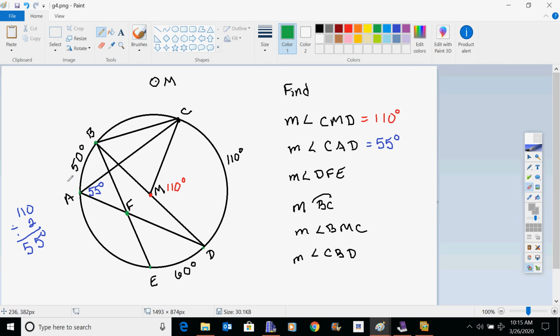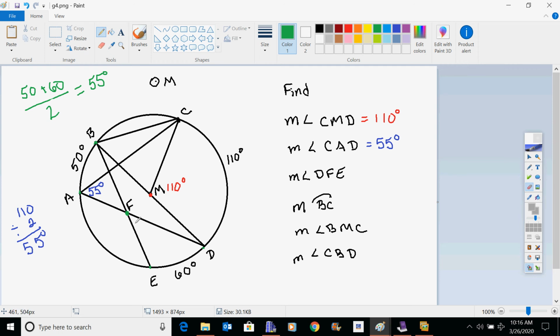So crossing inside of the circle means that you add the two arcs and divide by 2. So 110 divided by 2 is 55 degrees.